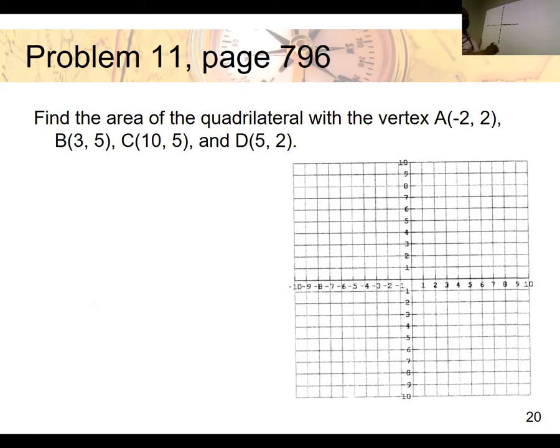Now here the vertex A is negative 2, 2, and B is 3, 5, C is 10, 5, and D is 5, 2.